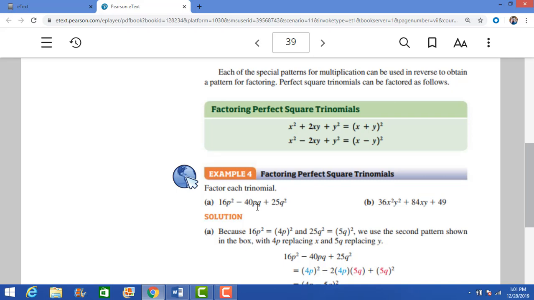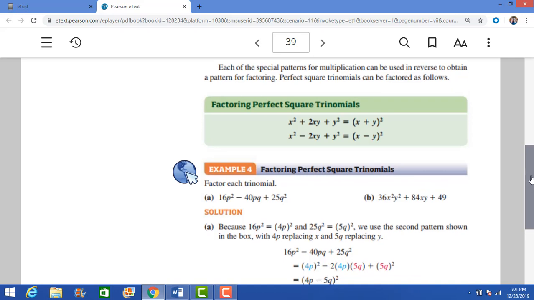Notice that this middle term is double that product. So this is going to be a perfect square. And since this is a negative, it's going to be a difference. So it's going to be 4p minus 5q quantity squared. And that's what we get.